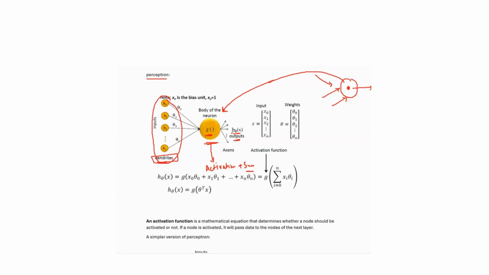The outputs can be a single output, or it can be multiple outputs as well. For example, we have, let's say, a picture of a cat, and we put it in a neural network.